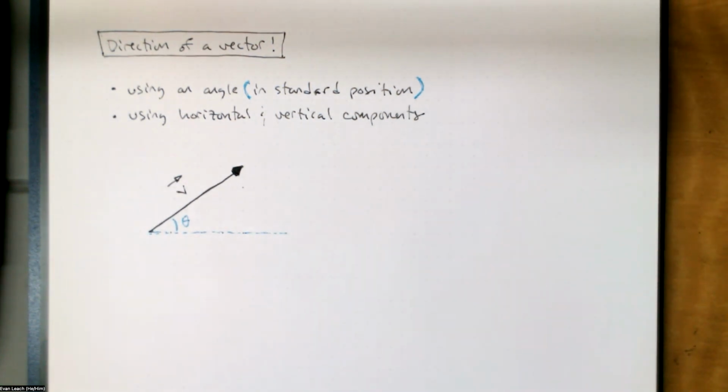So I might describe the direction of the vector as being at an angle of theta, and then I just tell you what the magnitude is, and I tell you the direction of the vector. The other way we do this is we break the vector into horizontal and vertical components.